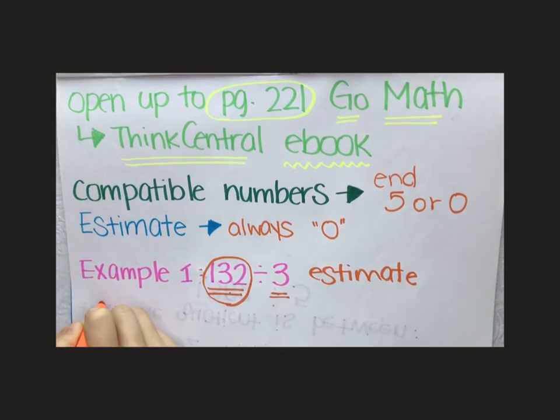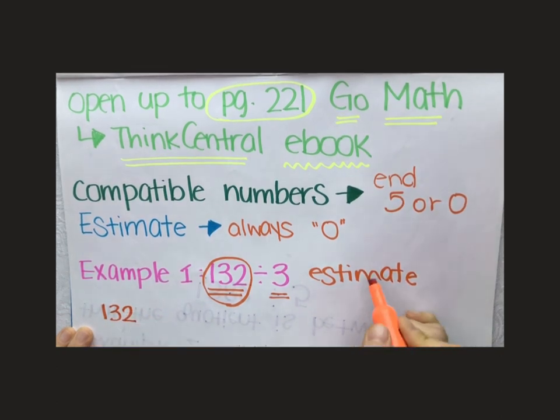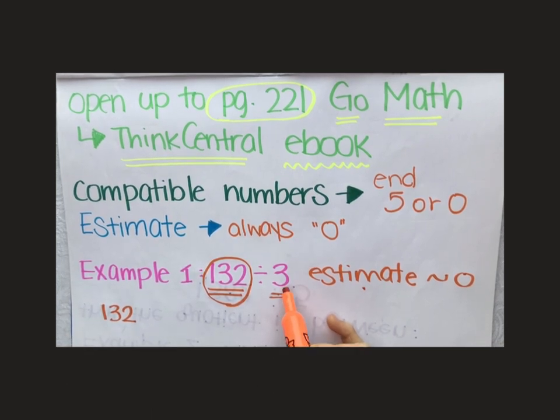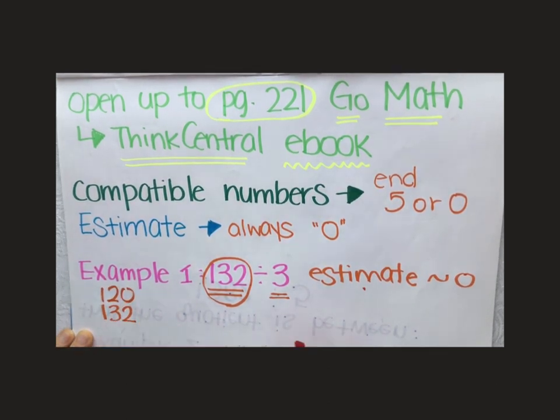Now let's see what kind of number I can replace my dividend of 132 with. And boys and girls, we're estimating, so the number that I recommend that you use ends with a 0. For 132, I'm going to see which number it is closer to, to replace with basic facts that are easier to use with a divisor of 3. Meaning, is my number closer to 120, 130, 140, or 150?